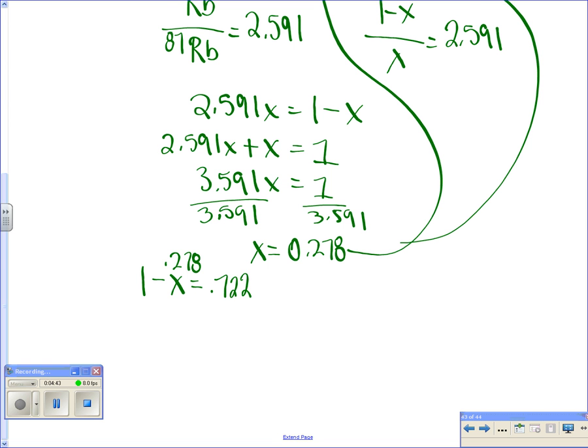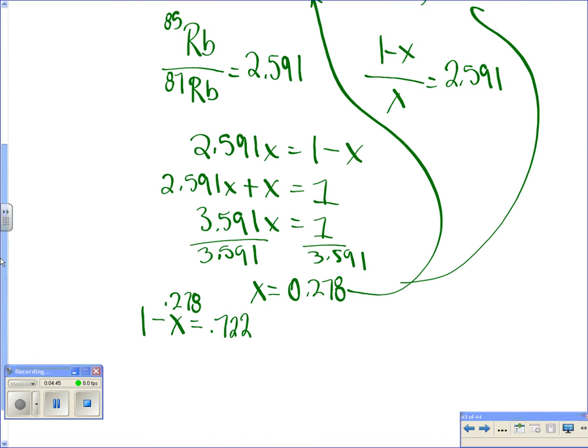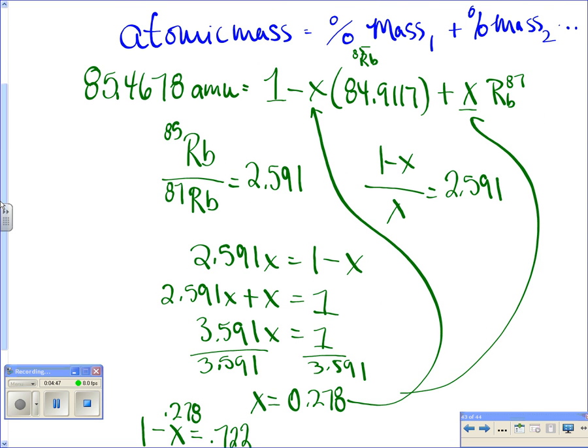Now I'm just going to plug this into our original values: this is going to be 0.722, and this is going to be 0.278. Now I'm ready to do some algebra.